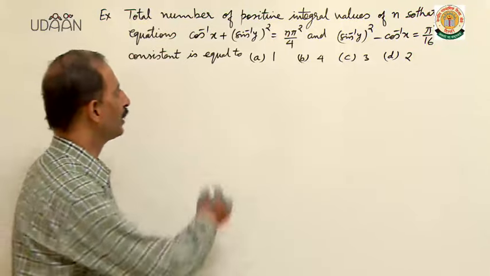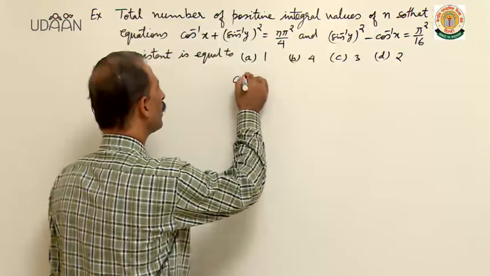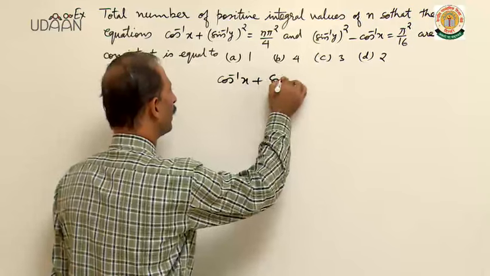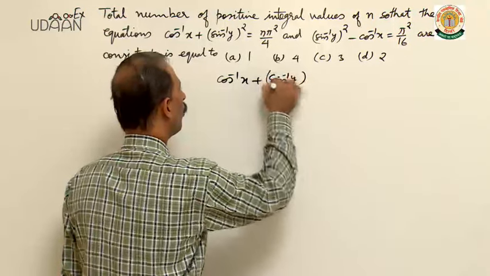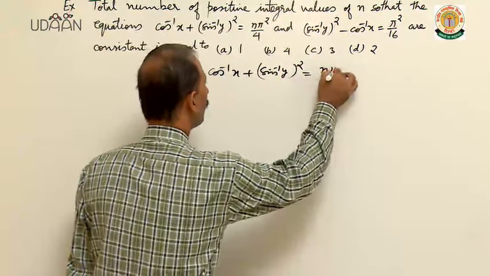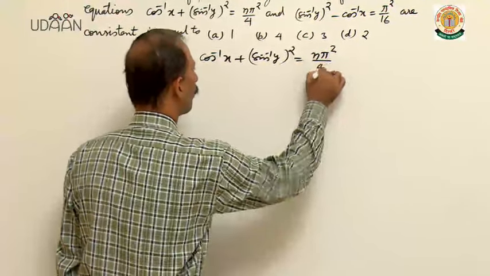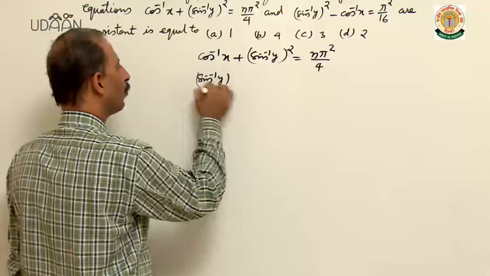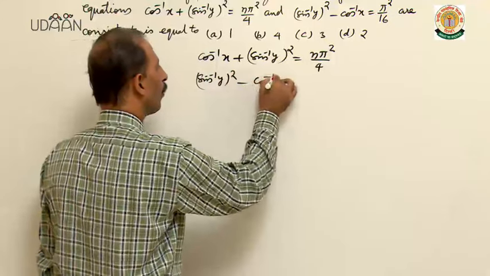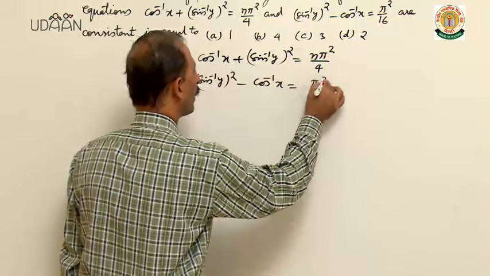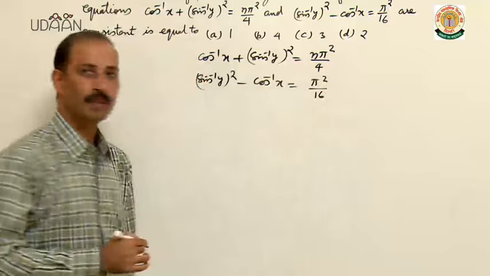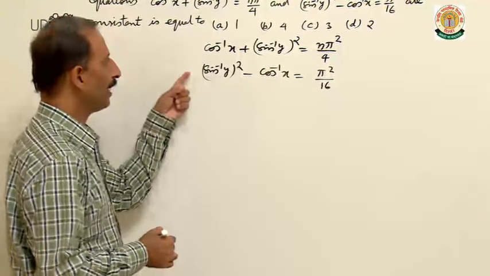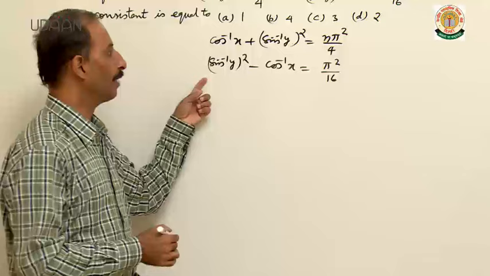I am taking the first equation: (cos inverse x plus sin inverse y) whole square is n pi square upon 4. The second equation is (sin inverse y) whole square minus cos inverse x is pi square upon 16. Now children, if you add these two equations, what happens?